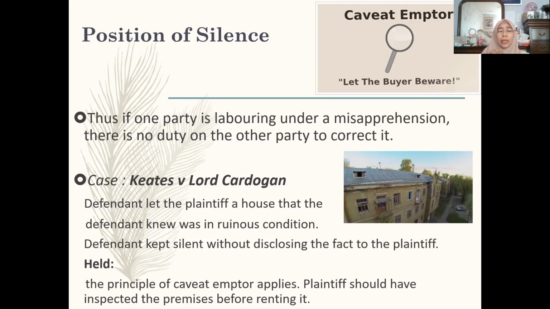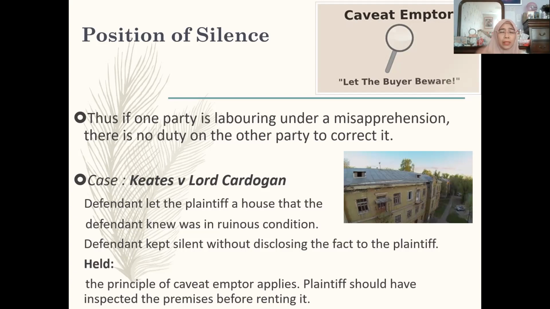After all, the plaintiff is supposed to do the checking before he agreed to be in the house, to be the tenant. So the court held that yes, in this particular case, the principle of caveat emptor applies. The plaintiff should have inspected the premises before renting it, and he didn't do so. So later, when he discovered, it was too late already.